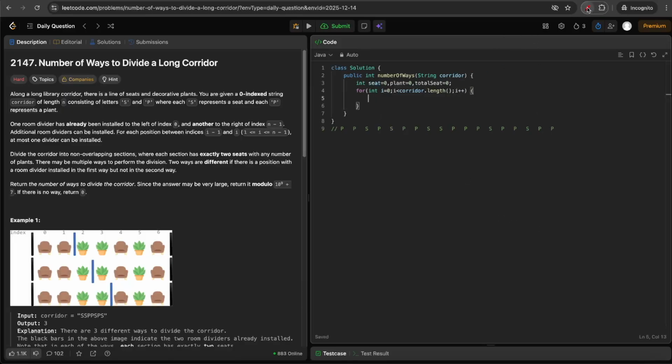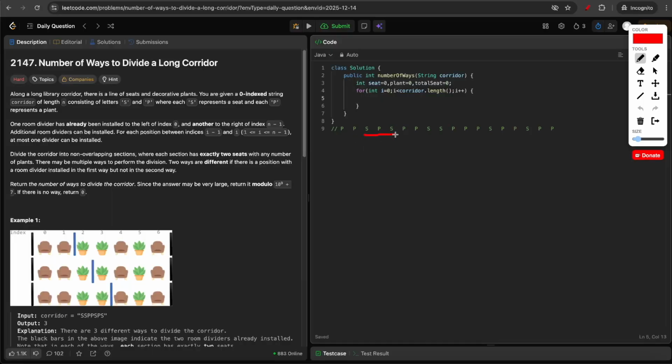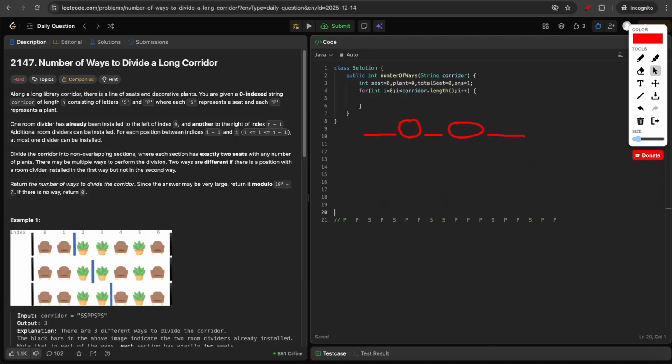So like we discussed in the approach, we will just count how many plants are there between each of the seat segments and multiply them. So for that, let's also take an answer, and initially answer will be equal to 1.